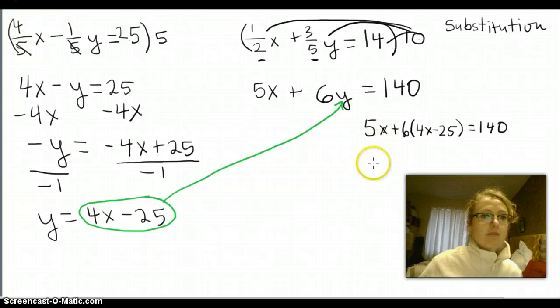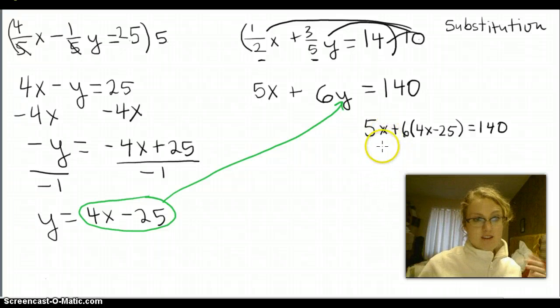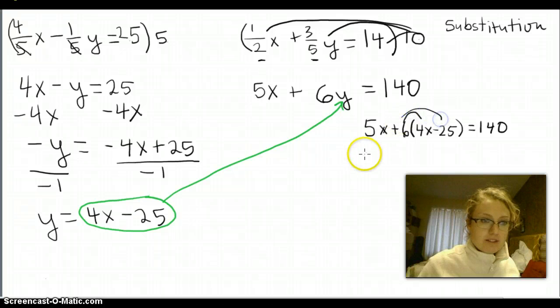From here, I have one equation with one variable. That's great. We've done this a lot now. We know how to solve equations with only one variable in them. Let's distribute this 6 to both places, so we get that 5x plus 24x minus 6 times 25 is 150, and that equals 140.